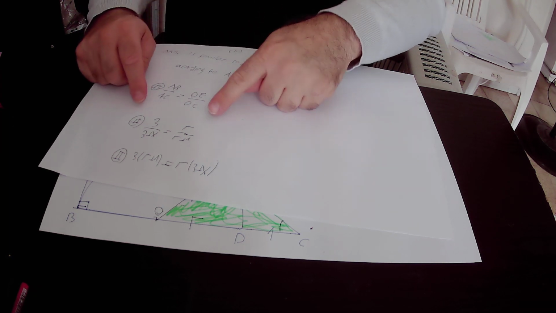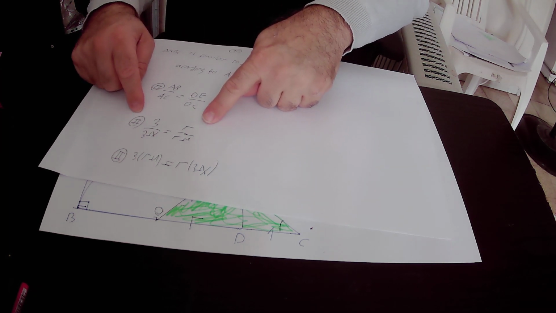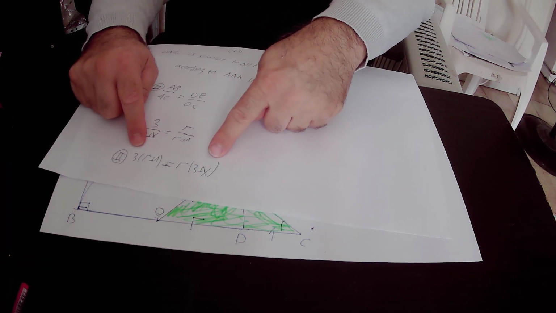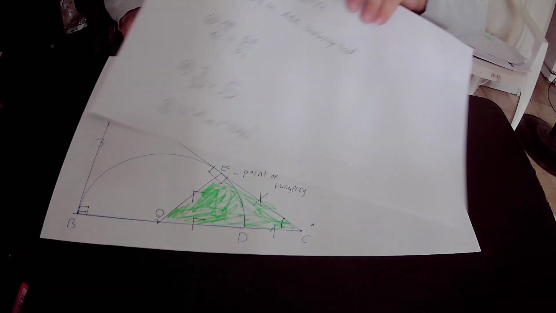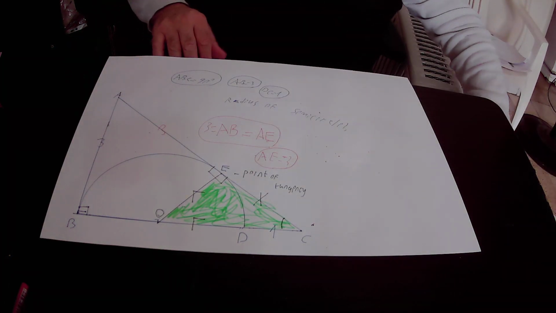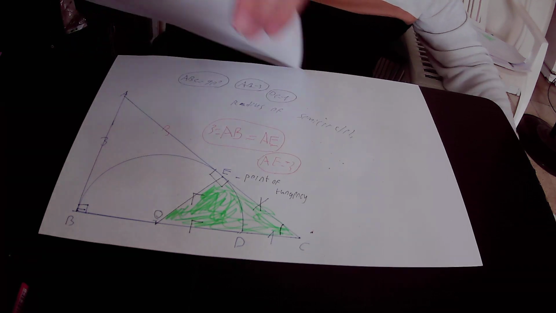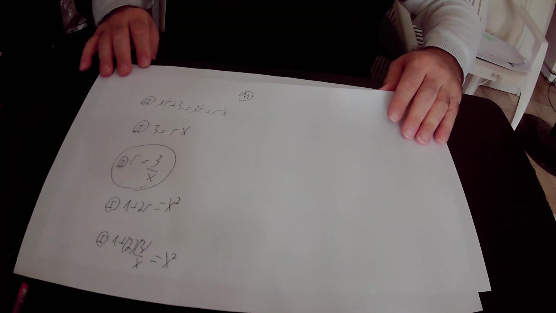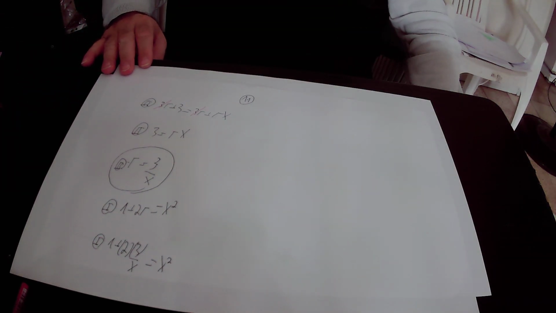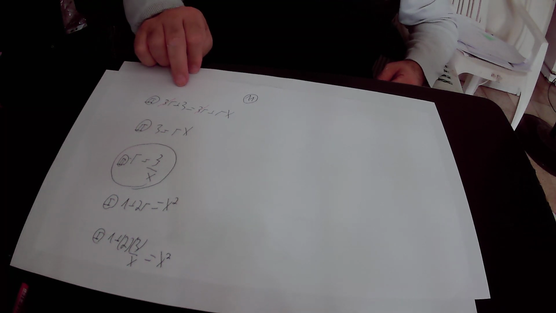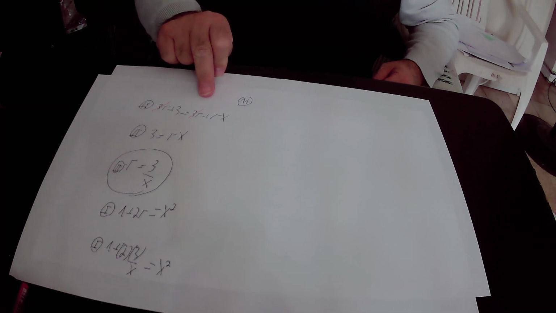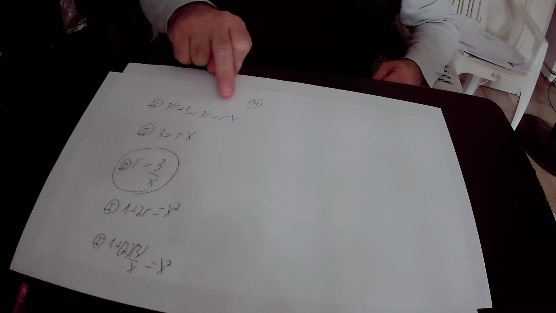Here we cross multiply this equation, equation number 2, and we got that 3 times R plus 1 equals R times 3 plus x. Then we open the brackets, and we got that 3R plus 3 equals 3R plus Rx.